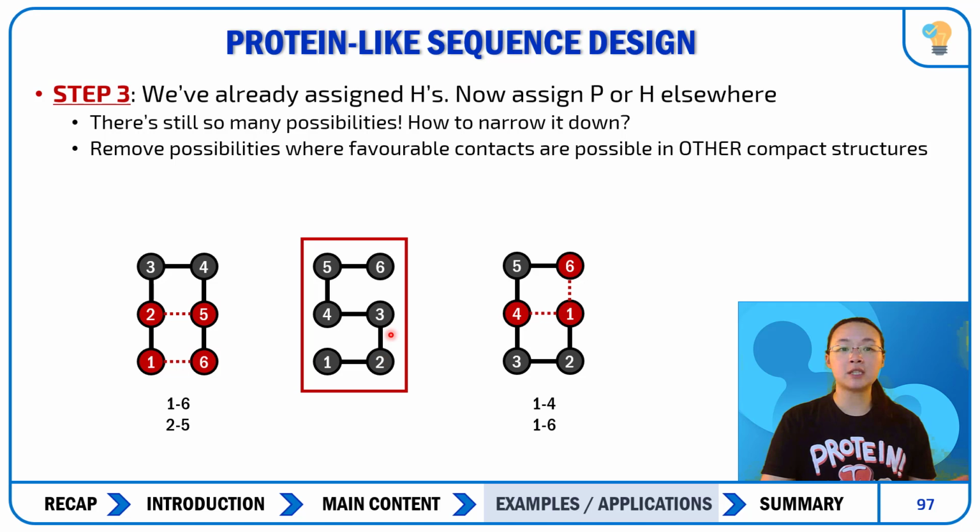So that means we just take a look at the 3,6 preferred hydrophobic contact. The 1,4 we can ignore because it's going to be covered over here. So that way we can narrow down our selection and draw fewer diagrams and fewer sequences for each of our shapes.